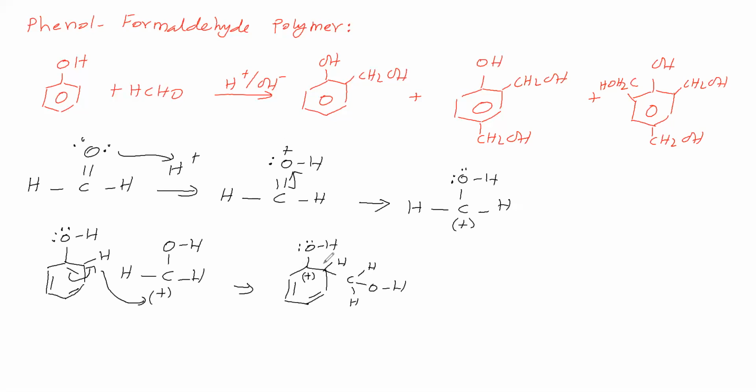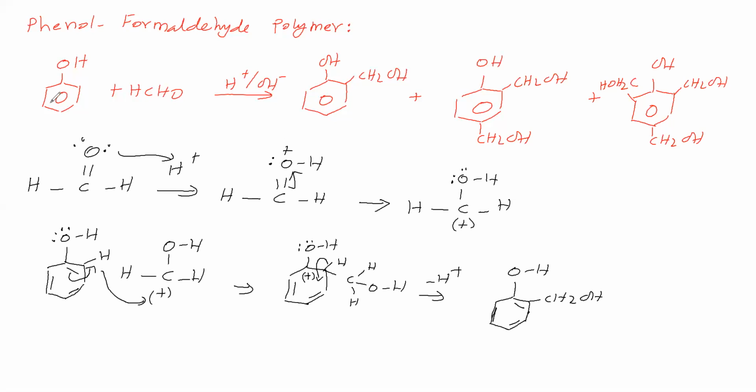So it is going for resonance. Then if it is coming like this and H plus is removed, we are getting OH, here pi bonds will give, and here we will give CH2OH. So this positive charge we have removed because this bond shifted as pi bond. This is removed as H plus.